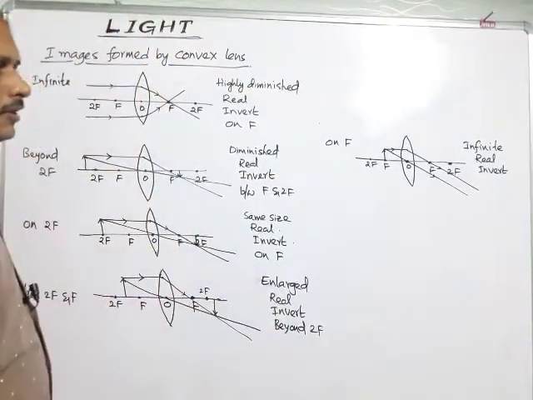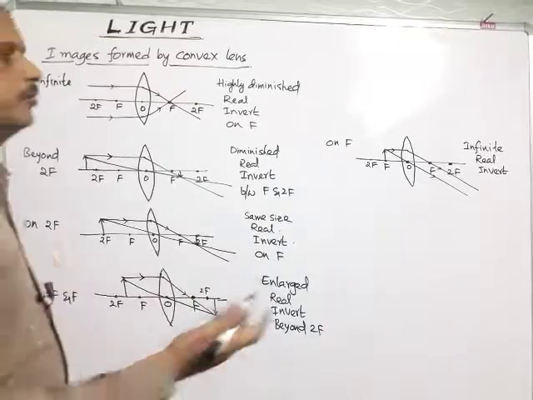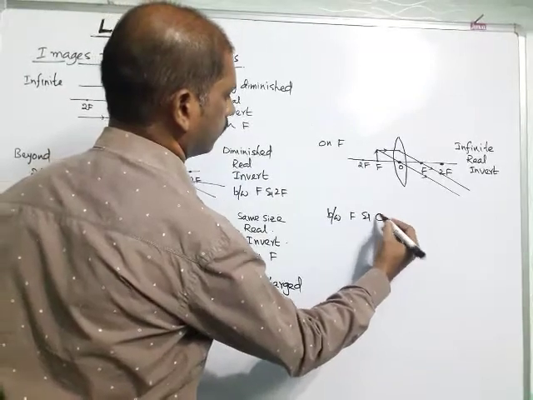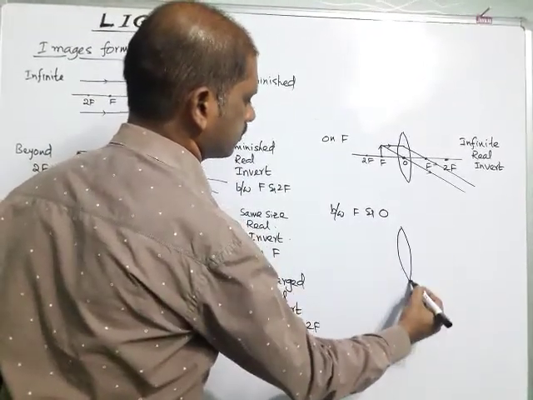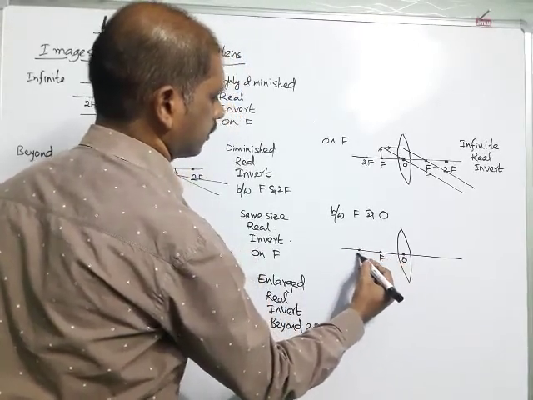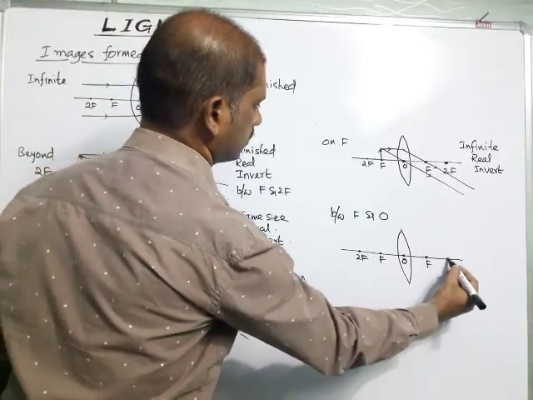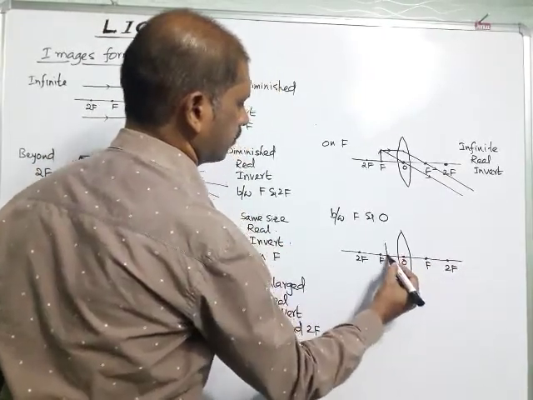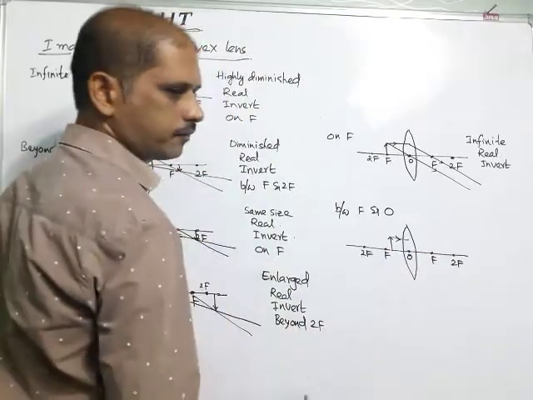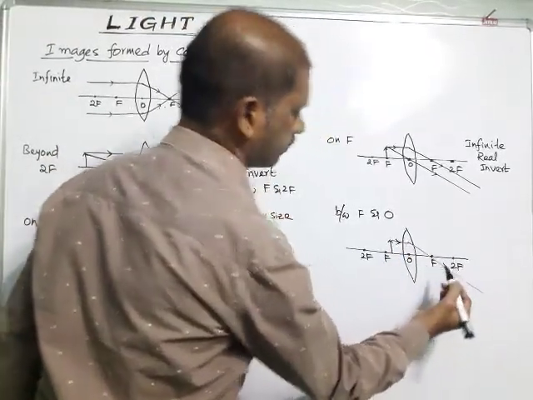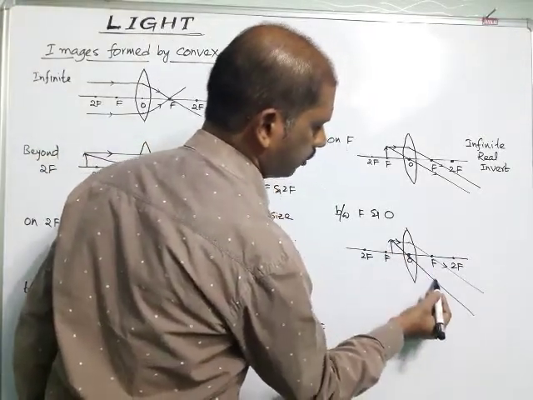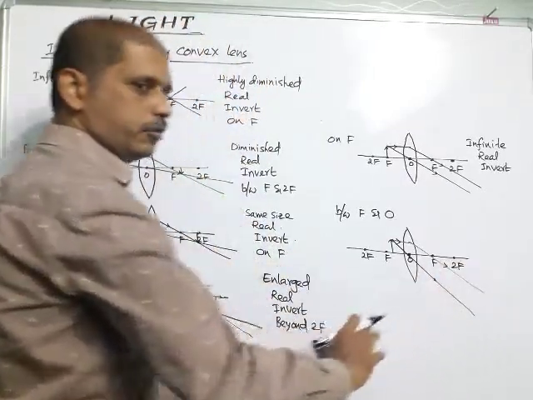Okay. Next, the object is kept between f and o. So here this is the convex lens, principal axis, optical center, focus, center of curvature. This side also focus, center of curvature. Now the object is kept here. This is a parallel ray. After refraction it passes through the focus. Another ray passes through the optical center. If you take both, it appears that they are moving away from each other.